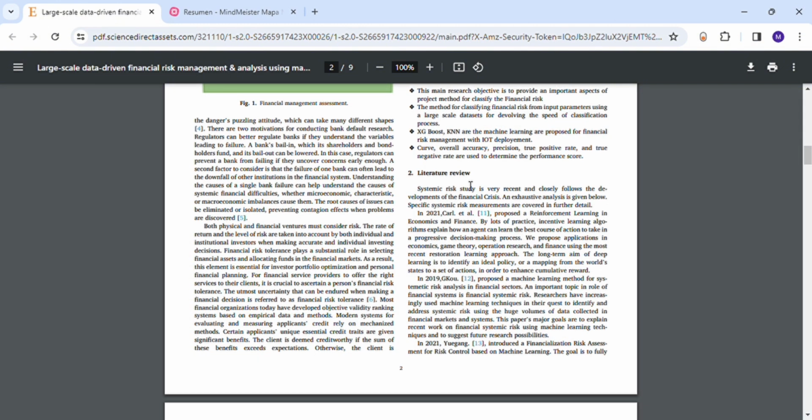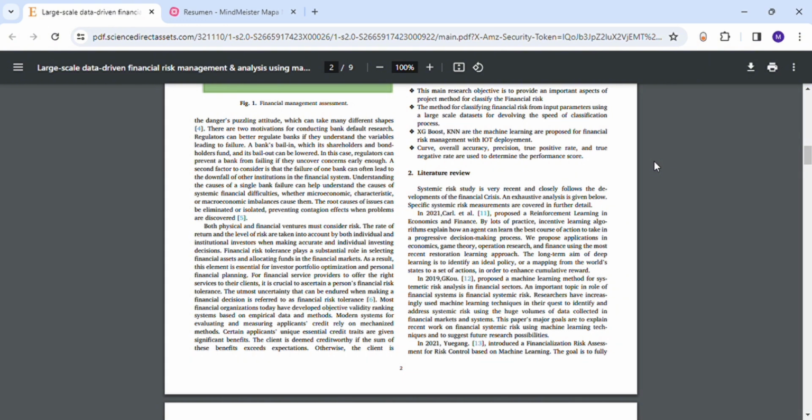About the literature review. Systemic risk study is very recent and closely follows the development of the financial crisis. An exhaustive analysis is given below. Specific systemic risk measurements are covered in further detail. In 2021, Carl et al. propose reinforcement learning in economics and finance.